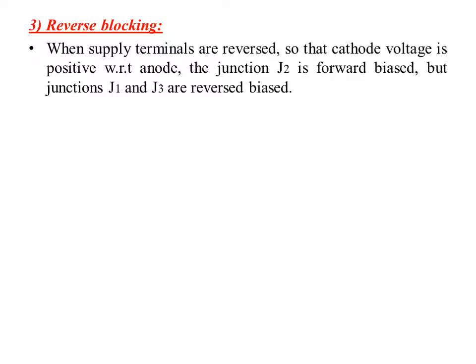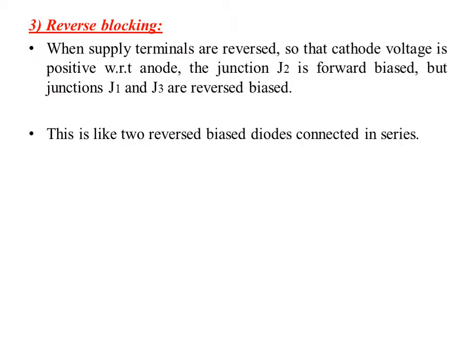Junction J2 will be forward biased, but junctions J1 and J3 will be reverse biased. In forward blocking mode, junctions J1 and J3 were forward biased, whereas junction J2 was reverse biased.